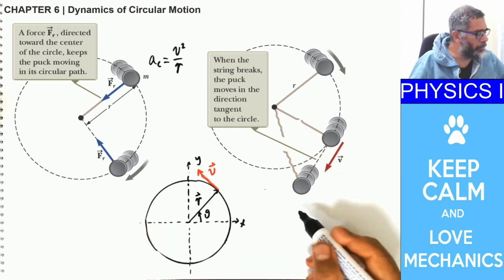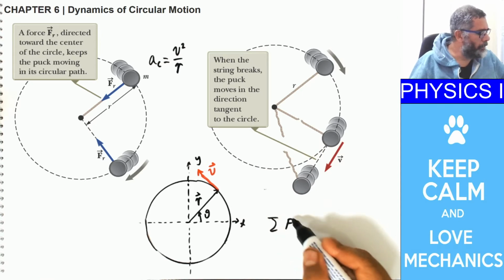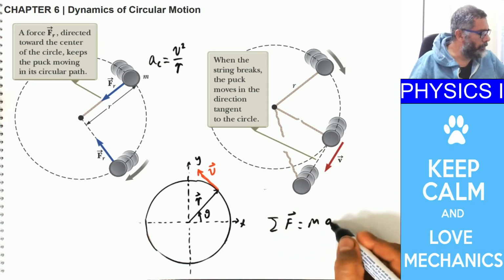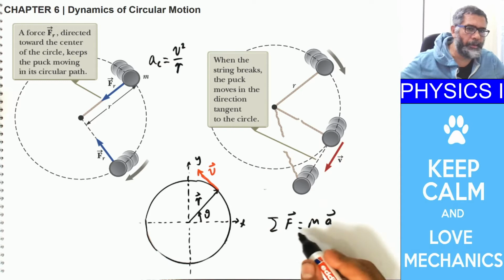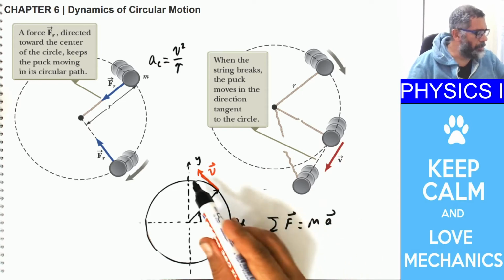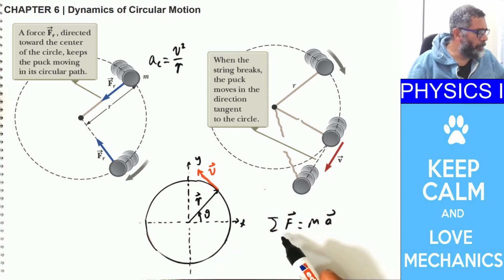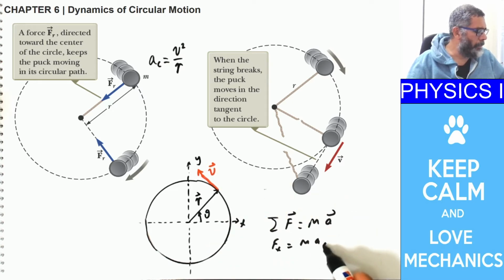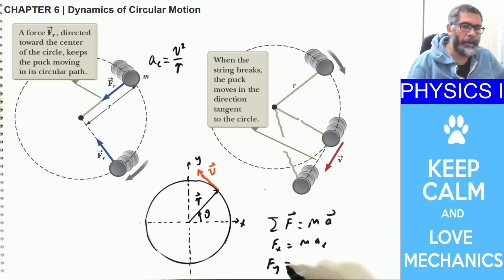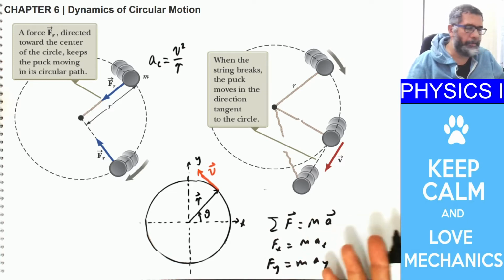Let me write this over here. If you write down Newton's second law for the Cartesian coordinate system, you have to decompose this equation into x and y components. You will have Fx = m ax and Fy = m ay, so you will have two equations.